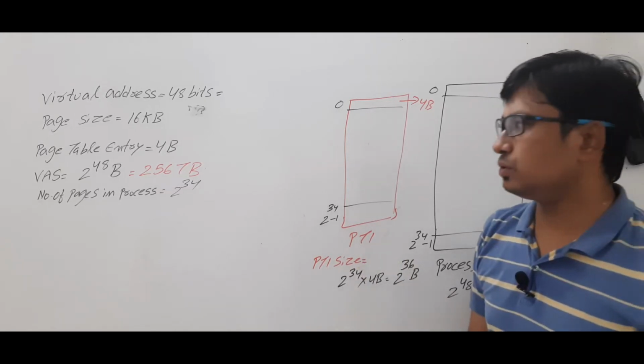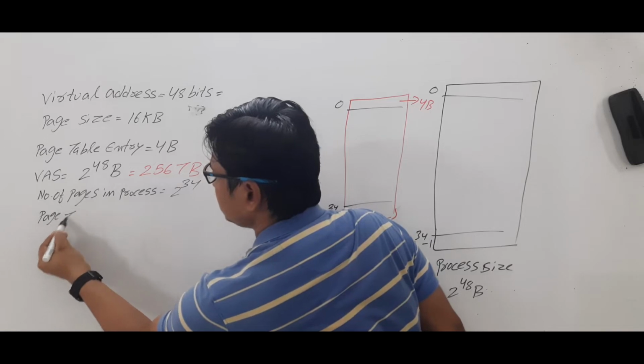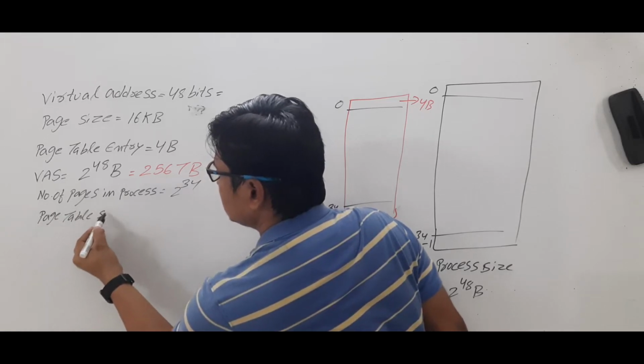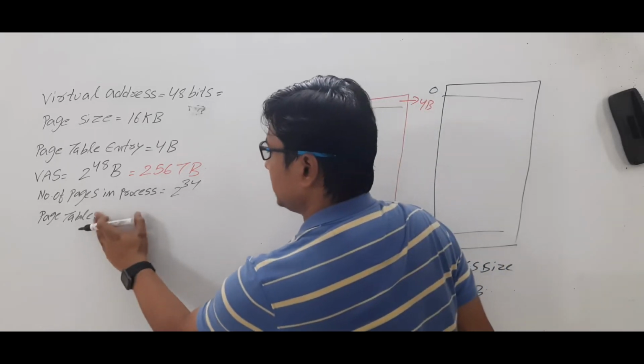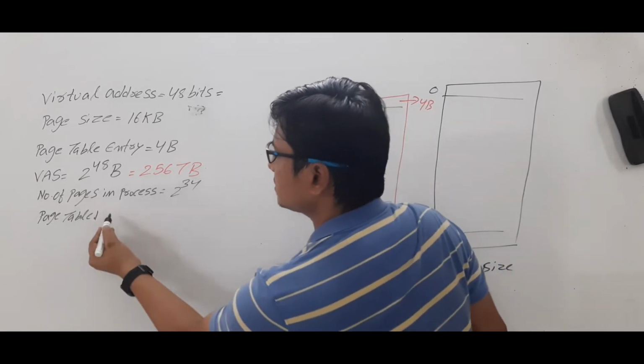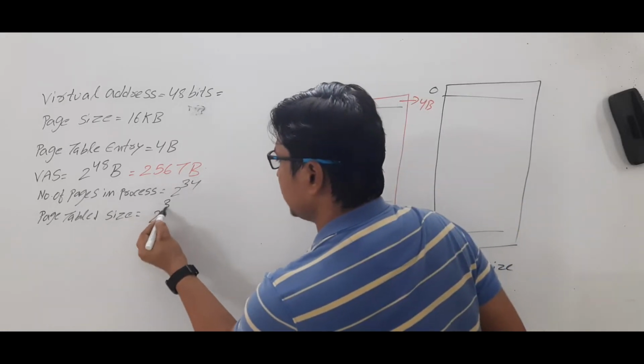So I can say that the page table 1 size is equal to 2 power 36 bytes.